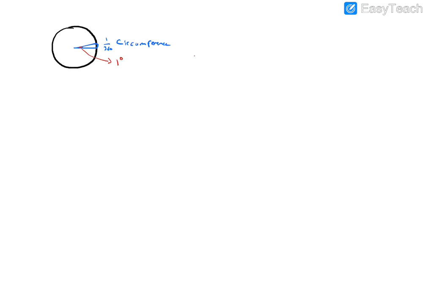Easily you can observe, this is 1 over 4 times the circumference. So this angle is 90 degrees. And 1 over 2 of the circumference has the degree measure 180. So this angle is 180, and the total is 360.